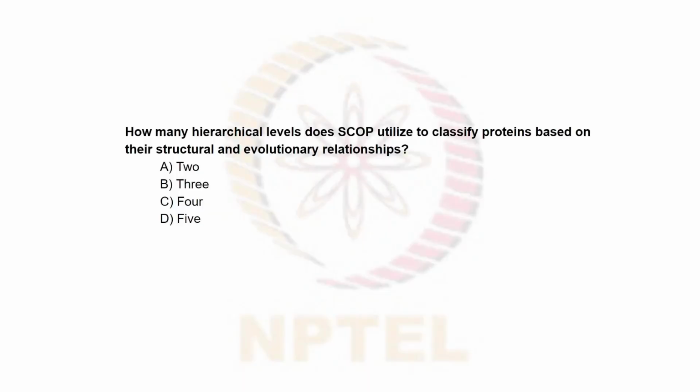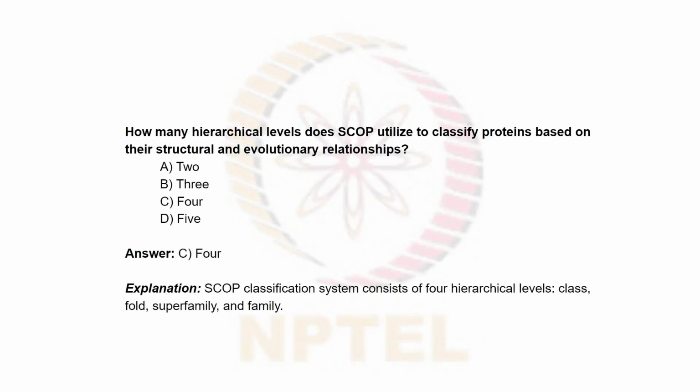So how many levels of classification does SCOP utilize? It uses four hierarchical levels: class, fold, superfamily and family.